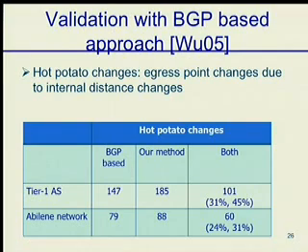Yeah, we also did validation. Remember previously I talked about how previous methods all rely on BGP data. So our validation focused on a few of these key changes. One type of change is hot potato change. Hot potato is associated with egress point change due to internal distance change. This means that internally you have a link down event or some event which causes your internal path cost to go up.